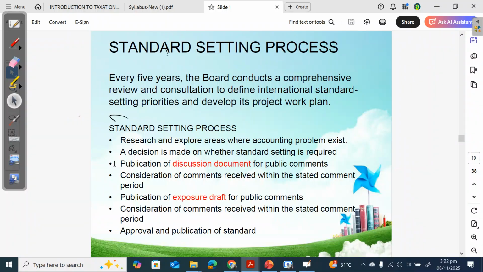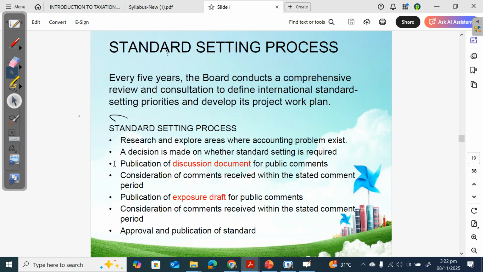They look out for any new or special area that accountants are having problems with, where they don't know how to deal with certain transactions. Like, for instance, in this current era, we have cryptocurrency and virtual money and those things.